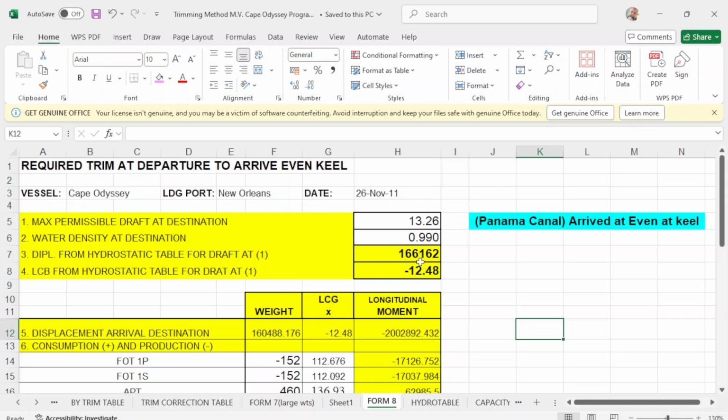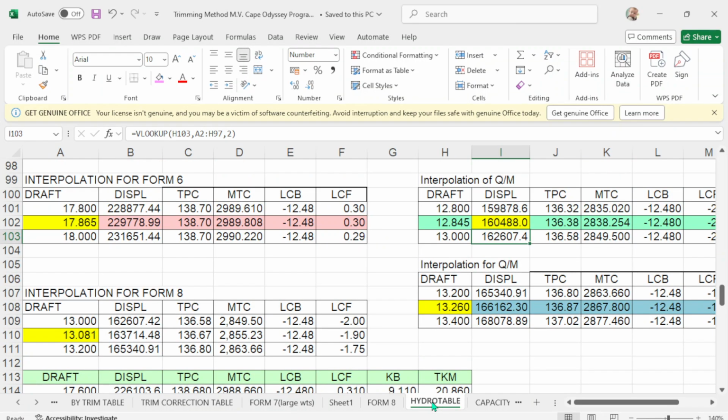And what will be the displacement at arrival in Panama? So what is the displacement at 13.26? Put here 13.26.